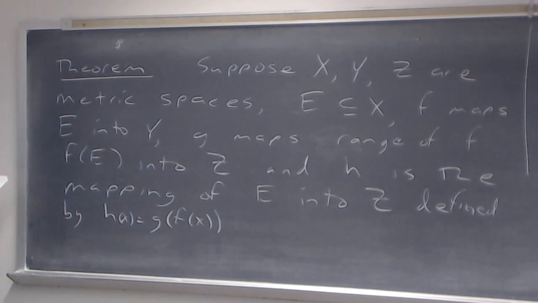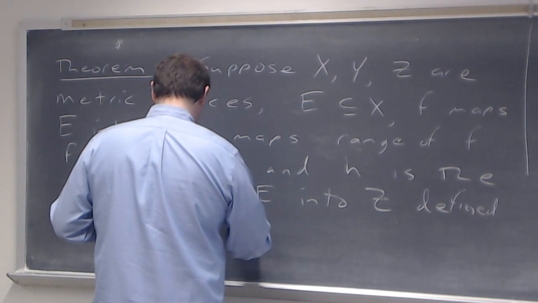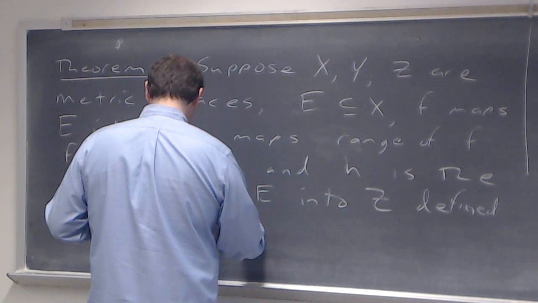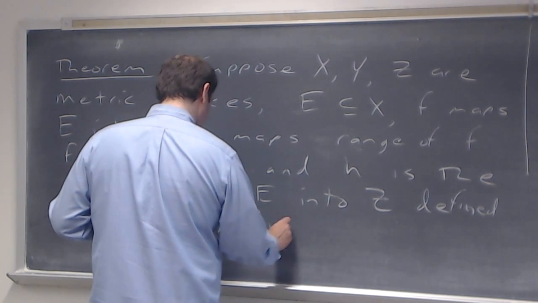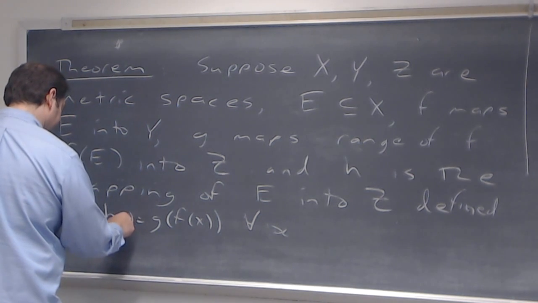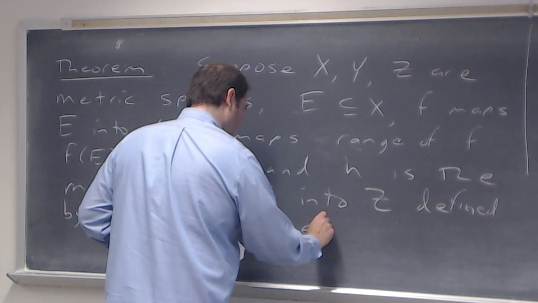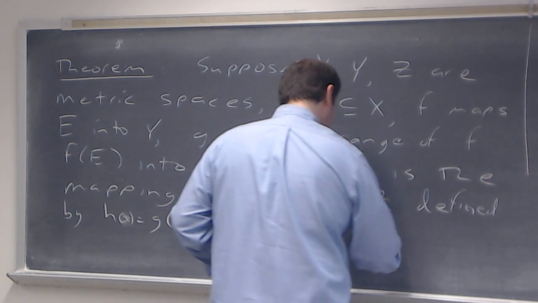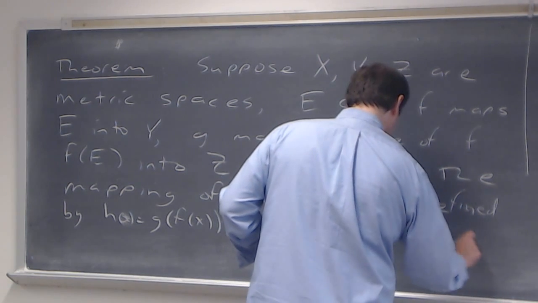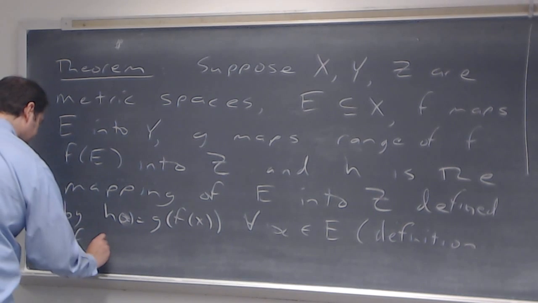That's the composition, for every x in E. Let me make these little x's. I'm going to get confused with the big metric space X. What we just had was the definition of a composition of functions.